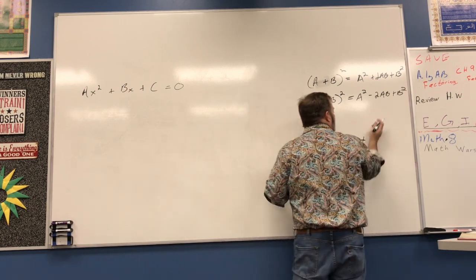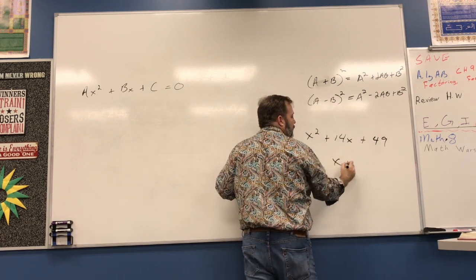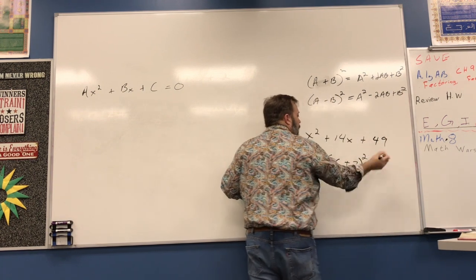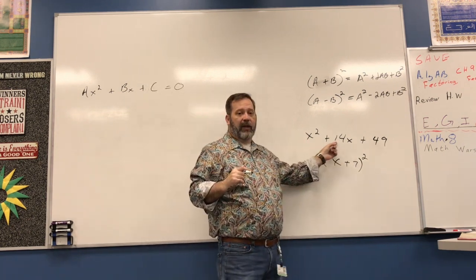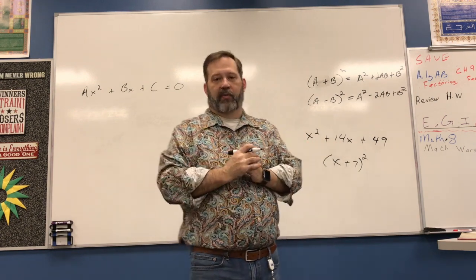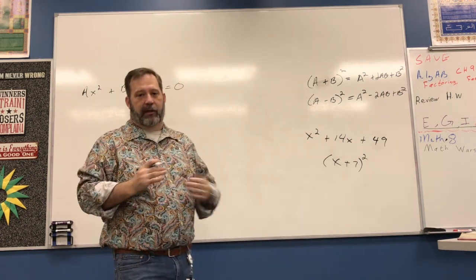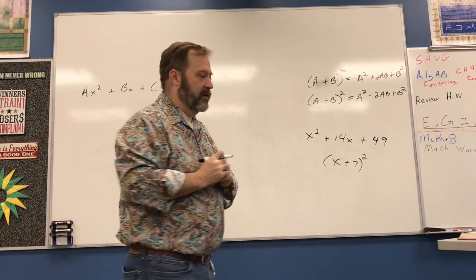So my special case trinomial out of this would be x plus 7 squared. I take the middle coefficient, divide by 2, and square it. No problems. Pretty simple, pretty easy. This is a key element in completing the square.